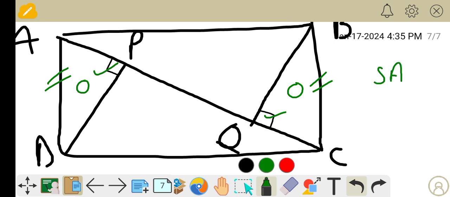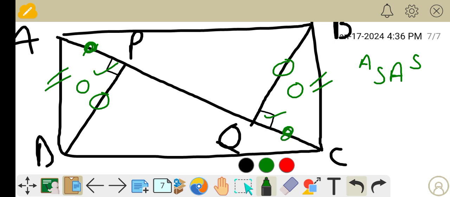We can use either side angle side or angle side angle. In both cases we need either one angle or one side. We don't have any logic to equate these two sides, and also we don't have any logic to equate these sides.